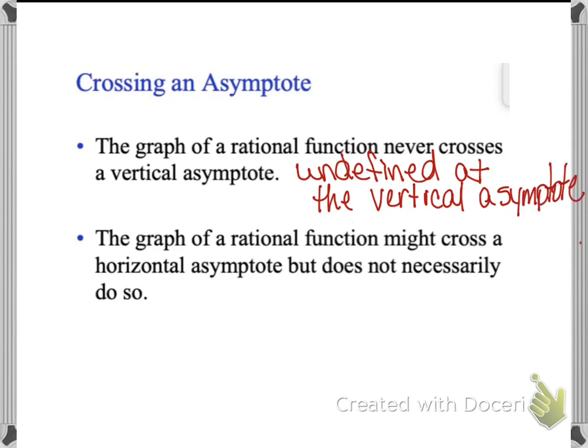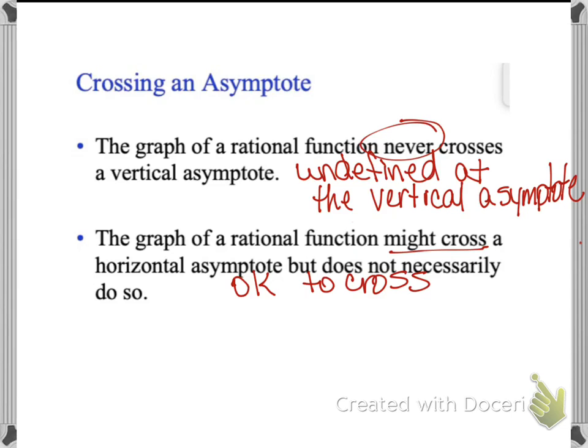The graph of a rational function might cross a horizontal asymptote, but does not necessarily cross. So it might not. The horizontal asymptote does not dictate nearly as much as the vertical asymptote does, because you can cross it. This is never, and this is okay to cross. It doesn't mean it will, but it might. Isn't that lovely?